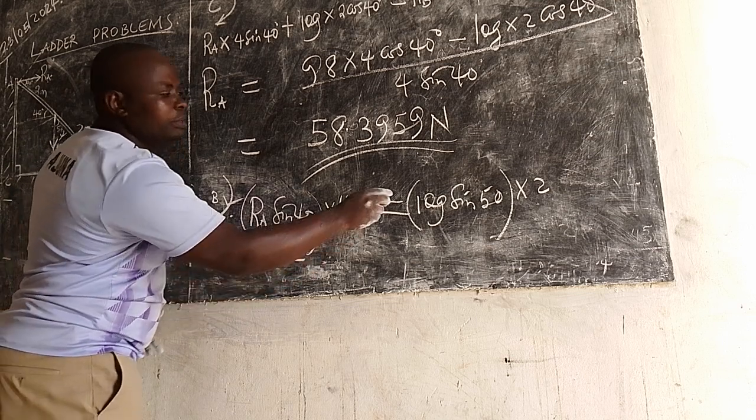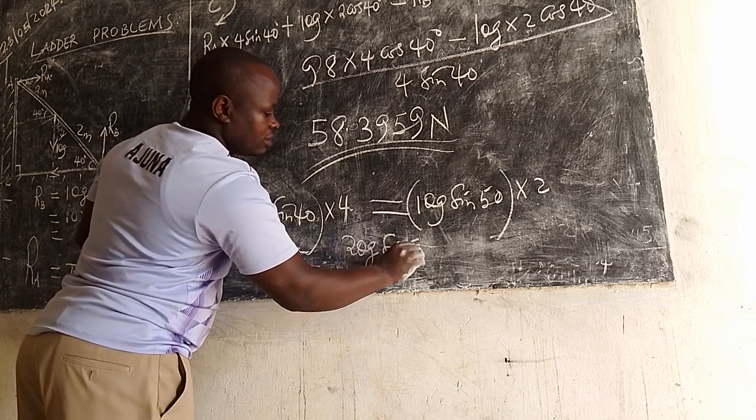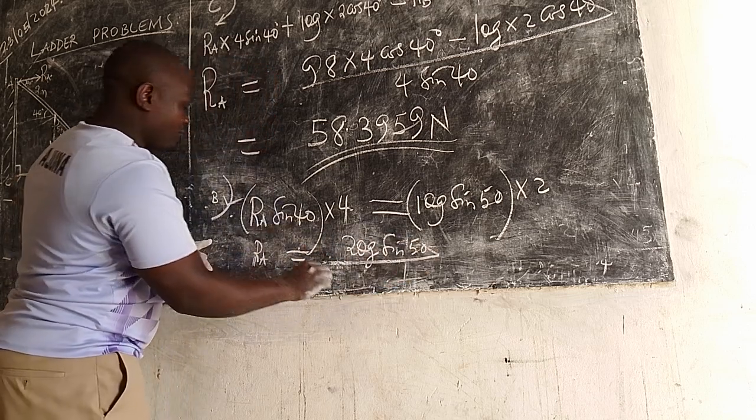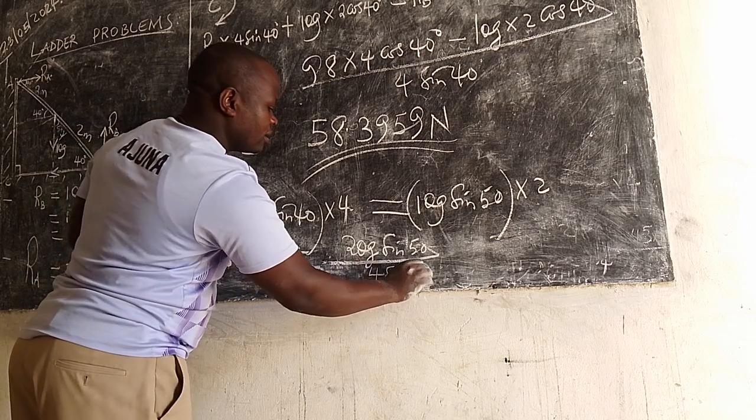Now, what is RA? RA is going to be 20g sine 50 over 4 sine 40.